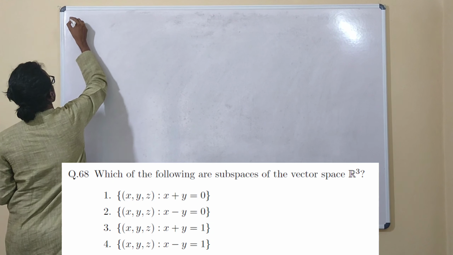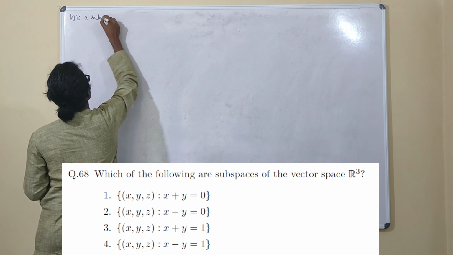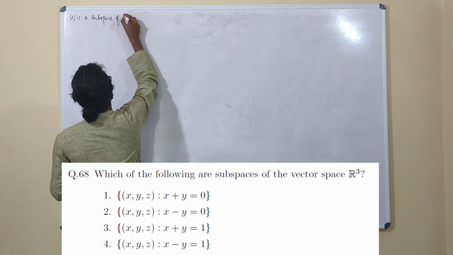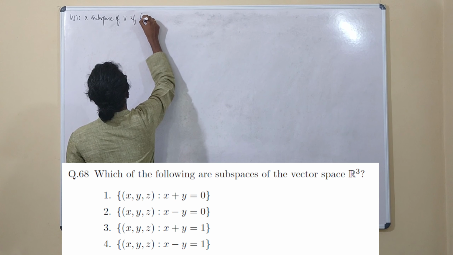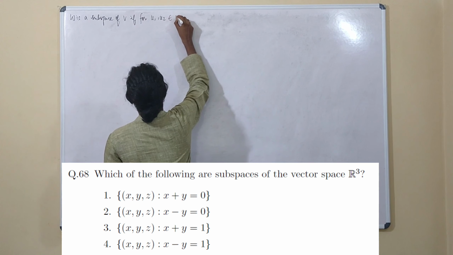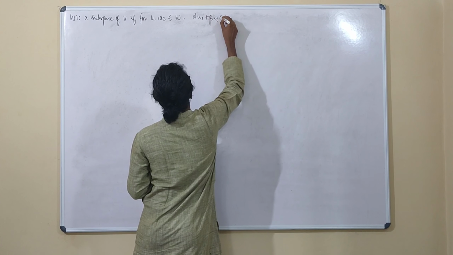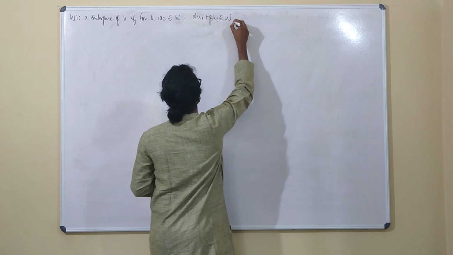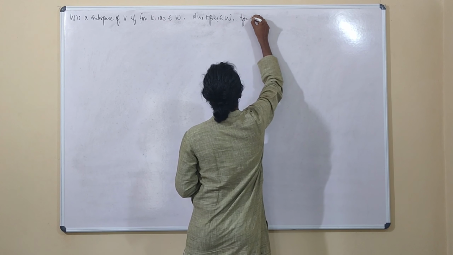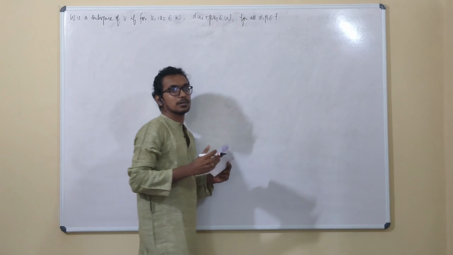Basically, a subset W is a subspace of V if for any two elements in W, alpha U1 plus beta U2 is also a member of W for all alpha and beta in the overfield.